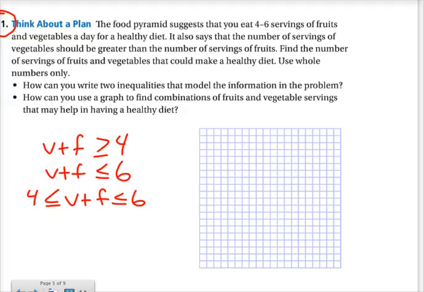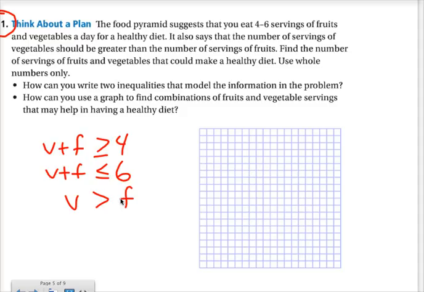That is totally up to you. Probably a little easier to graph with this 2-variable system, just leaving them separate as they are here. And then there was one other piece in here. It said that the number of servings of vegetables should be greater than the number of fruits.